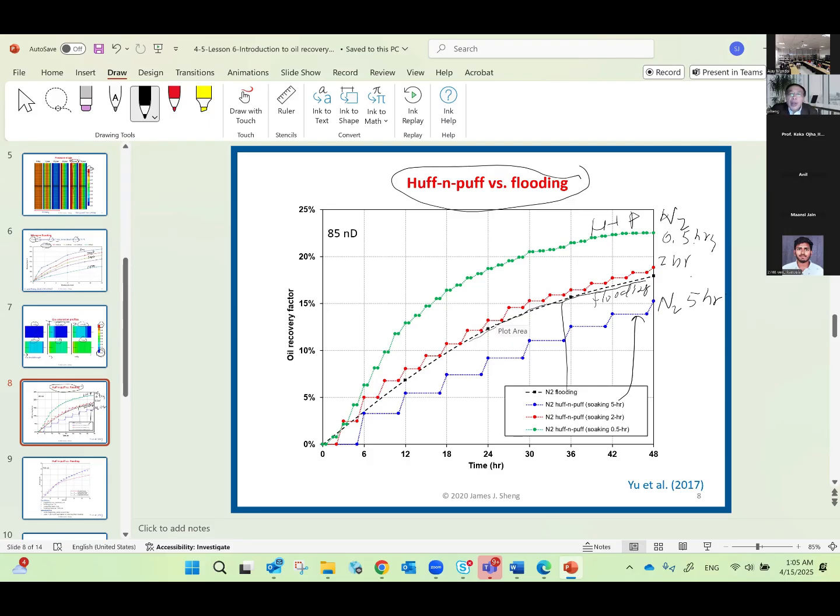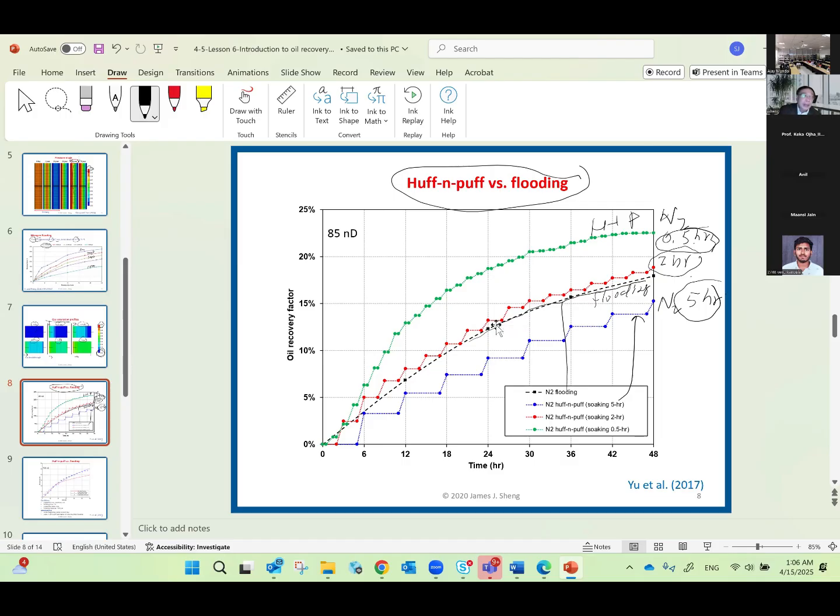Now, when the soaking time is 2 hours, oil production is similar to flooding. But when the soaking time is shorter, then Huff-n-Puff oil production is higher than flooding. When the soaking time is longer, barely 5 hours, actually oil recovery is lower than flooding.